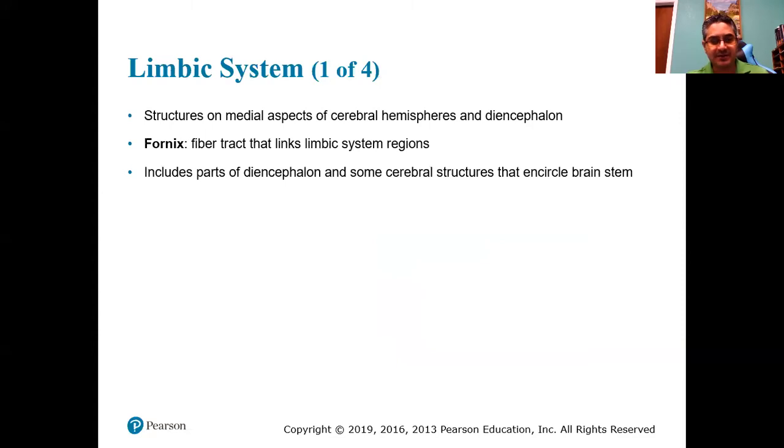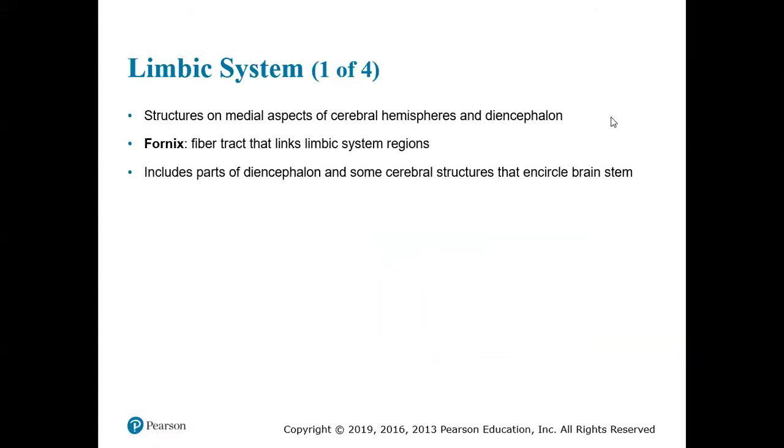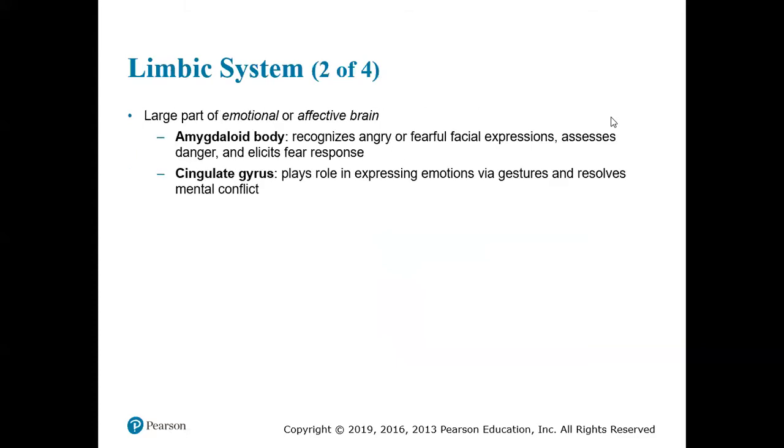Fornix. The fornix is something you're going to need to identify in your lab exams, so make sure you know where that is. It's a fiber tract that links limbic system regions. It includes parts of the diencephalon and some cerebral structures that encircle the brainstem.